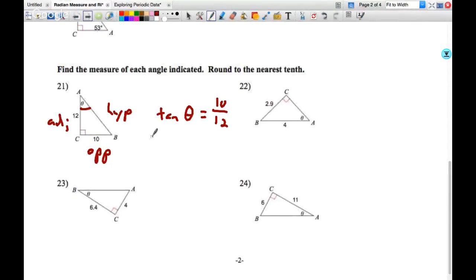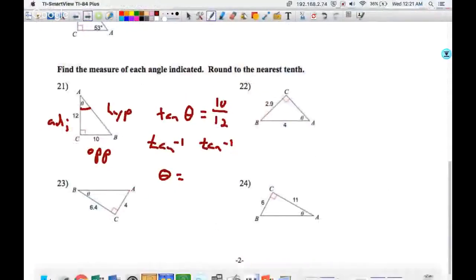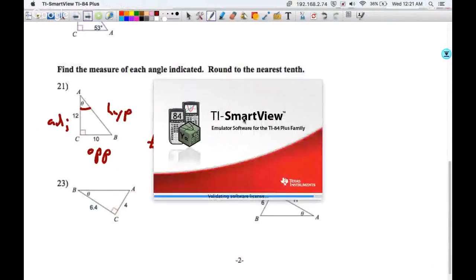To keep going now, I have to do the inverse tangent. That's what's going to finally free up my angle inside there. I can get the angle by itself. So theta is equal to... And let me just show this actually on the calculator.